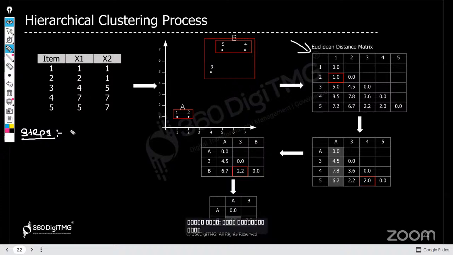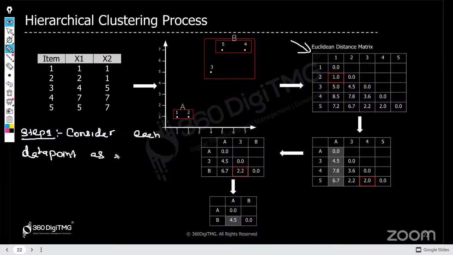So for this, we will consider each and every data point as a single cluster. You can write, consider each data point as a single cluster. Once it's done, step 2.